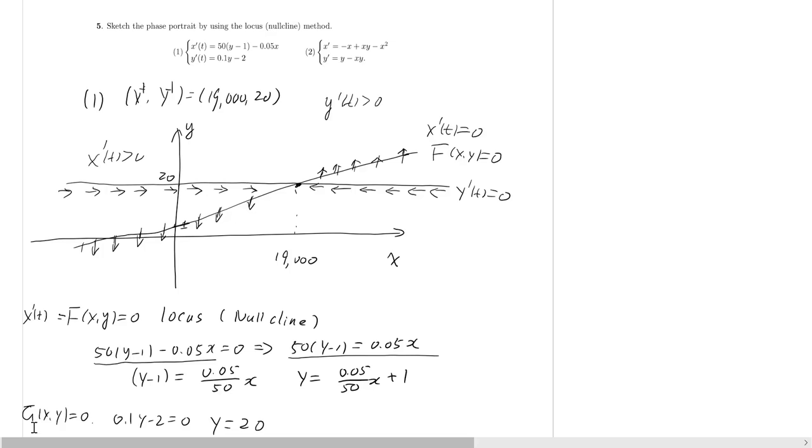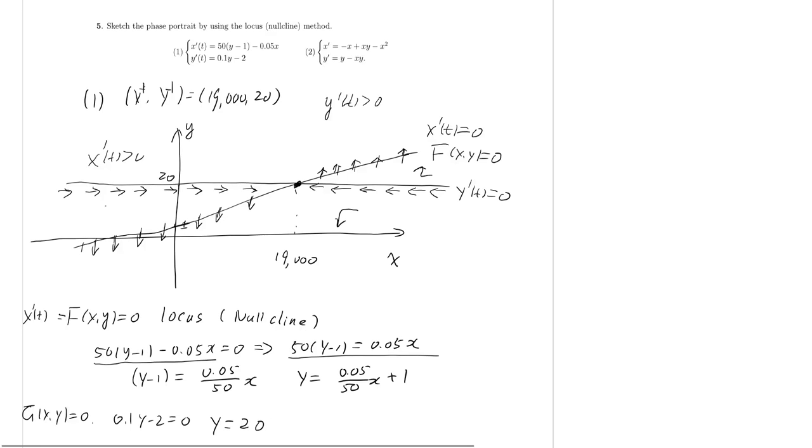Now once we have these arrows, we can actually see the dynamics of the system. This point over here is the equilibrium. It's not going to move if your value starts from over here. But if it's in this region, it's going to go left and up. If it's in this region, it's going to go left and down.